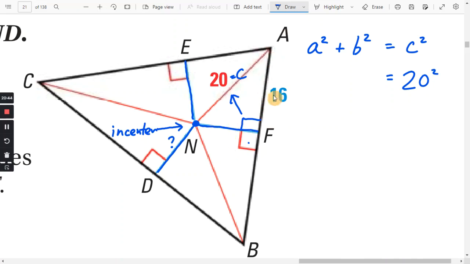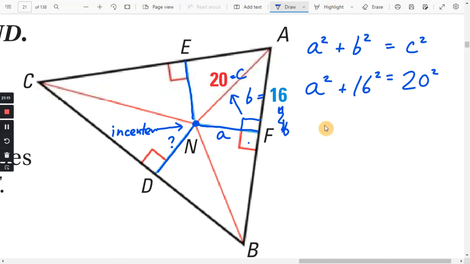So the other two sides are a and b. It doesn't matter. So I'm going to let 16 equal side length b, and this side here, I'm going to make that side length a. We don't know a, so I'm going to leave it as a squared, and b is going to be 16. So b is 16, and b squared is going to be 16 squared.